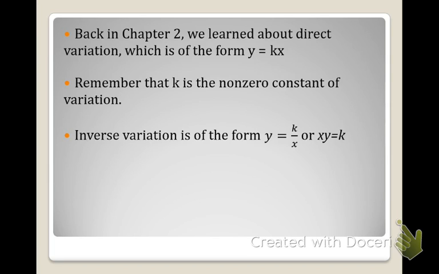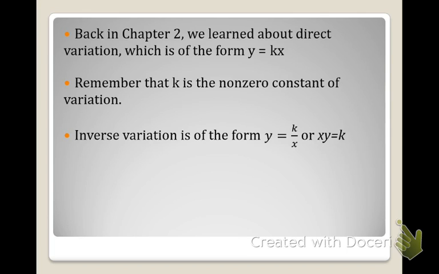Today we'll talk a lot about inverse variation, which is of the form y equals k divided by x. Or, if they solve it for k to be alone, x times y equals k. So that's how we can find k, by multiplying x and y.